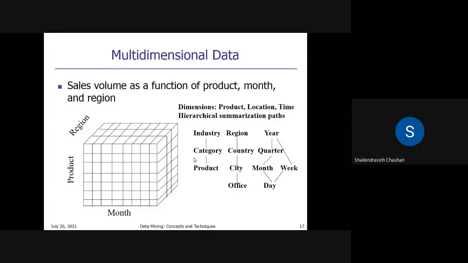Right? So where are these hierarchies going to be useful? For example, if I want data on in which month I sold the maximum number of electronics items in, let us say, Canada, then I am asking for analysis with respect to country and month, the month-wise analysis for different products.